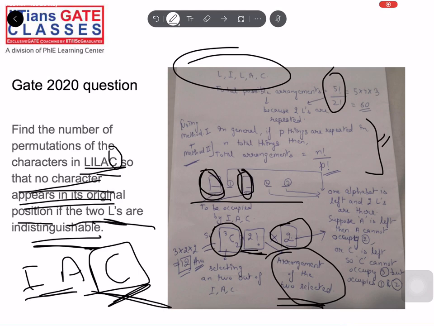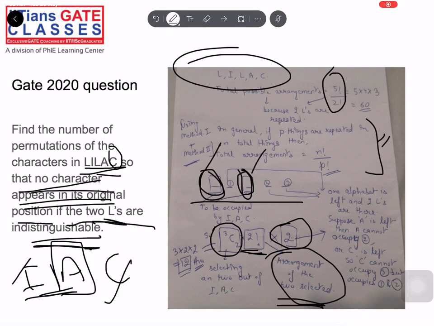Now you will say, sir, you told only about C. What about A? We'll consider A also. Let's say instead of C, A was left. Basically, you selected I and C for this and this place, and then A was left to occupy either 1, 2 or 3. If you see in LILAC, A occupied the second place.